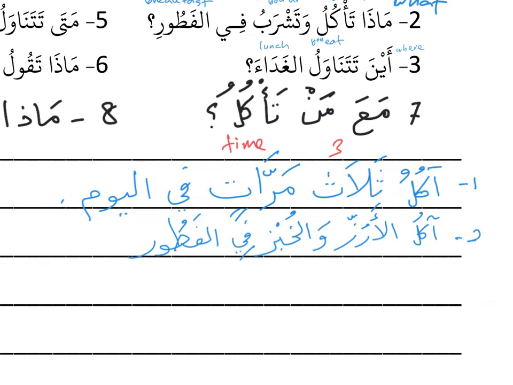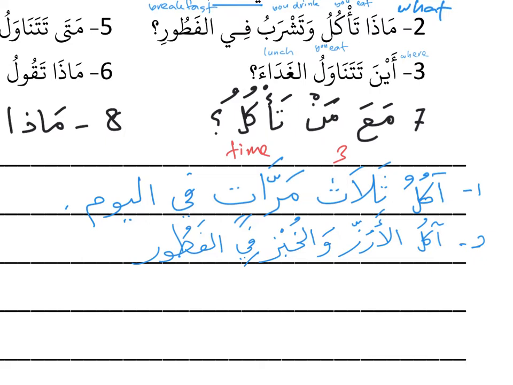So how do we answer this question? Number 3. Now you want to say I eat. How do you say I eat? The word is tatanawalu. You replace the ta with alif. So alif here is to say I. Instead of tatanawalu, we change the ta to alif. Atanawalu al-ghada.